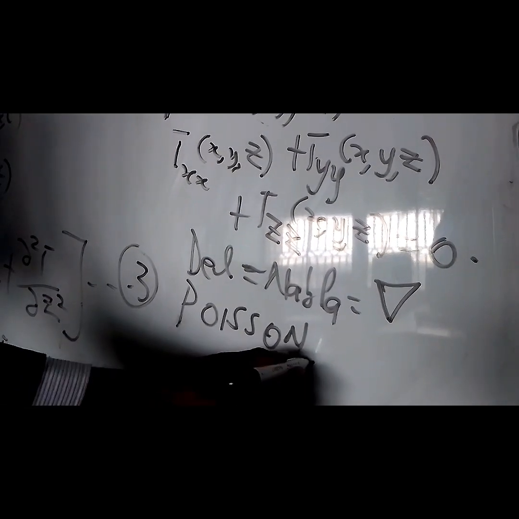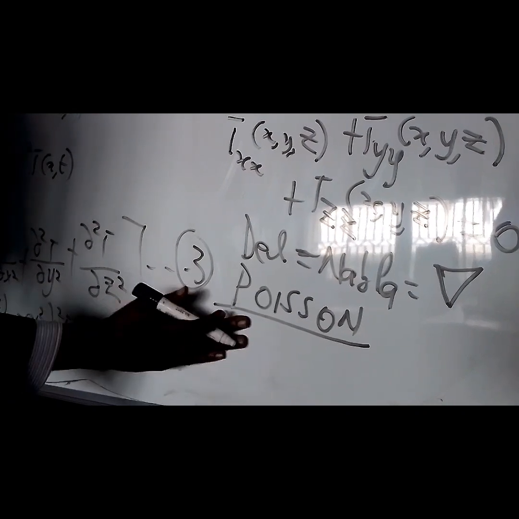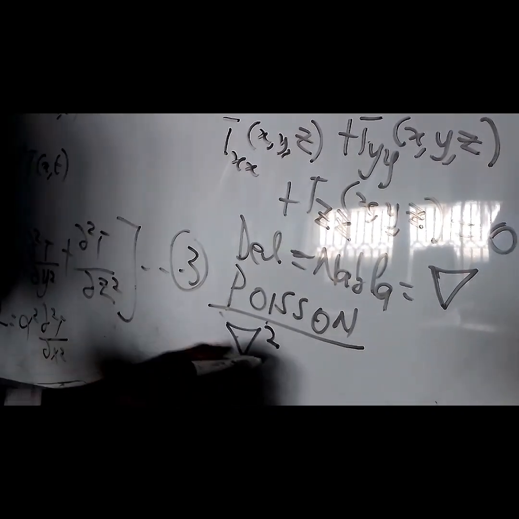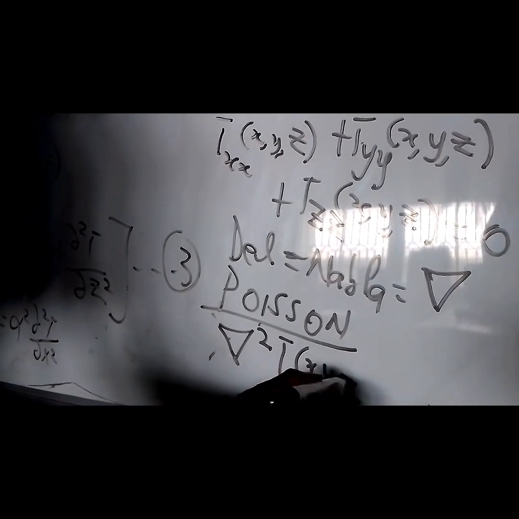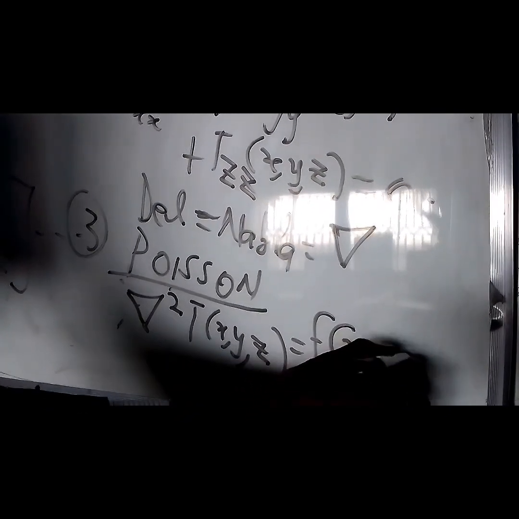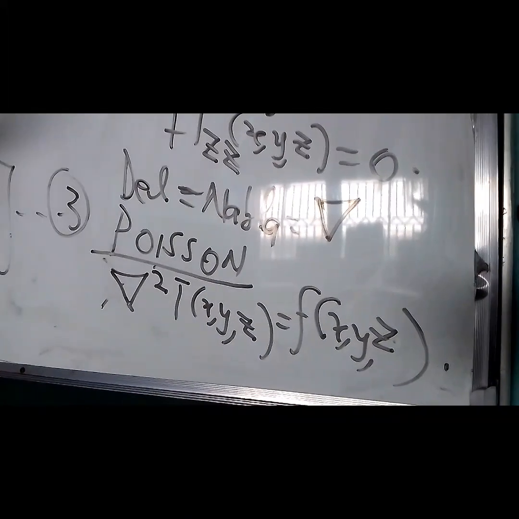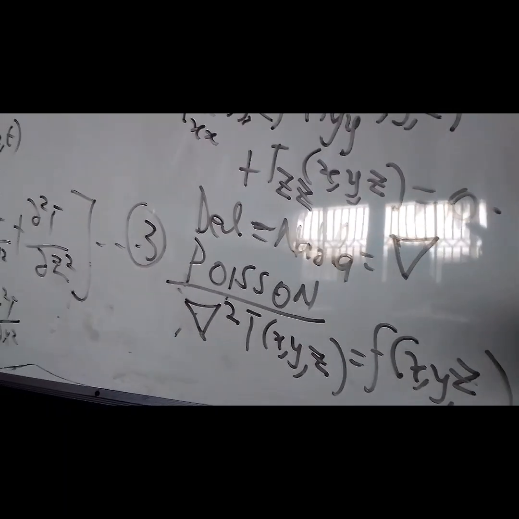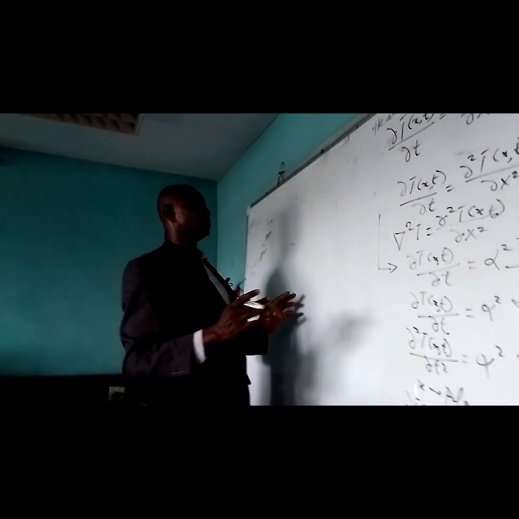And the Poisson equation is connoted as nabla square of function t of x, y, z equal to a function of three variables x, y, z. In all of this, these are general connotations that exist in partial differential equations.